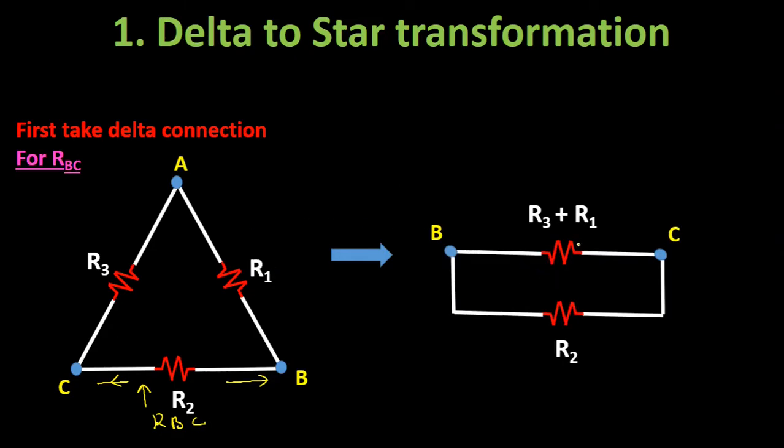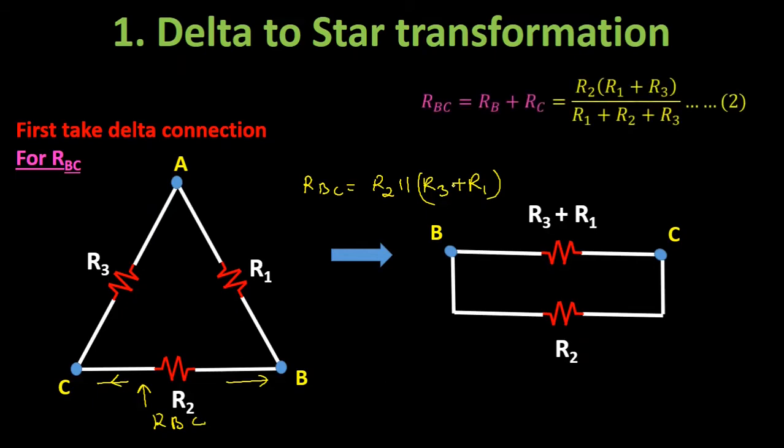R2 will be in parallel with R3 plus R1 because R3 and R1 are in series with each other. Okay. So RBC will be equal to R2 parallel with R3 plus R1. So when we solve this, we get this type of equation. RBC is equal to RB plus RC is equal to R2 into R1 plus R3 all divided by R1 plus R2 plus R3. This is equation number 2.